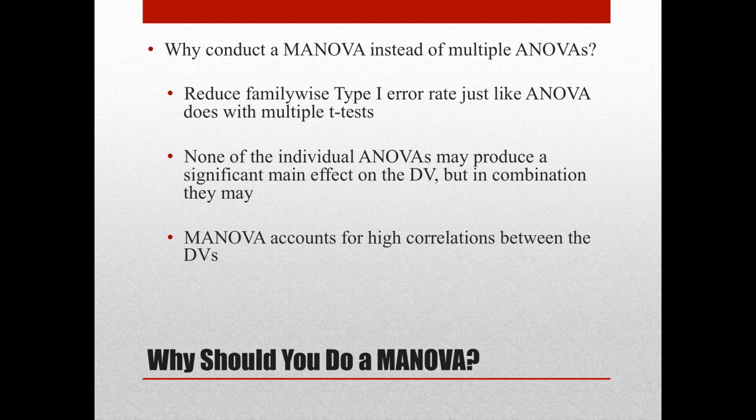If they're not highly correlated, then I see no reason not to conduct multiple ANOVAs because they're just much easier to understand, and the process is just easier. So again, the motivation for conducting a MANOVA would be we have multiple dependent variables across a factor.